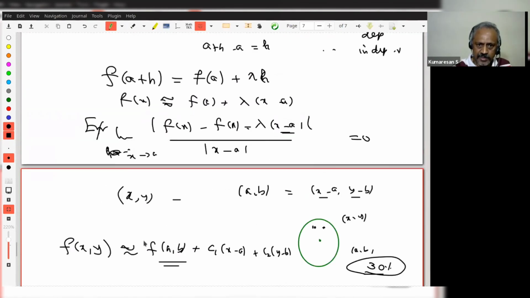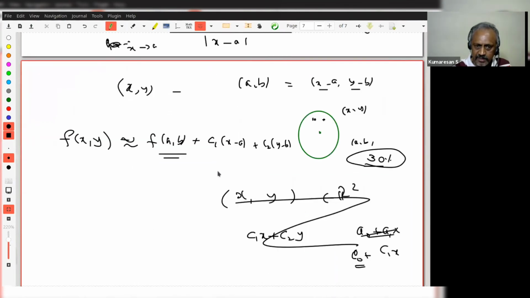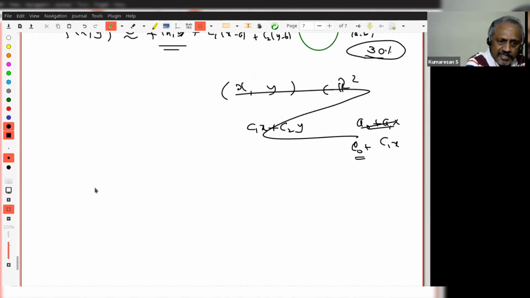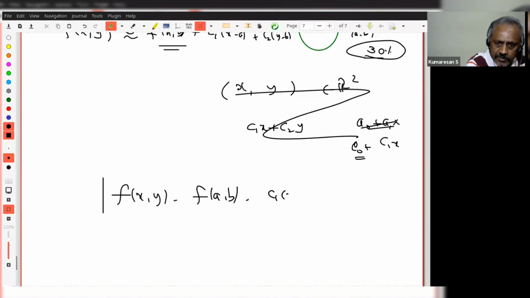Next, I have to go back. I'm going to stop in a minute. But then I have to say, if it is differentiable, it has to be approximated by a first degree polynomial. I know that, but that's not enough. I have to look at the error term and make sure it goes to zero faster than something else. So what is the error term? That is f(x, y) minus f(a, b) minus c1 into (x minus a) minus c2 into (y minus b).